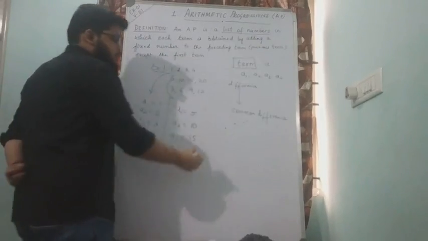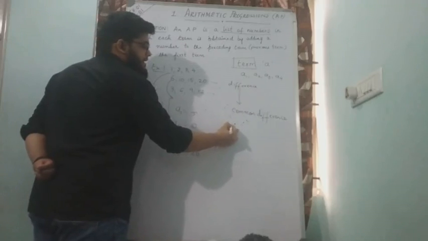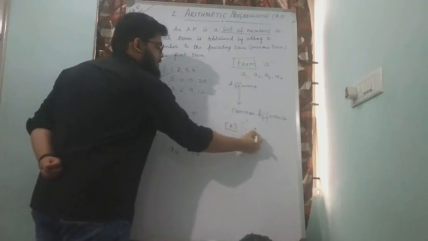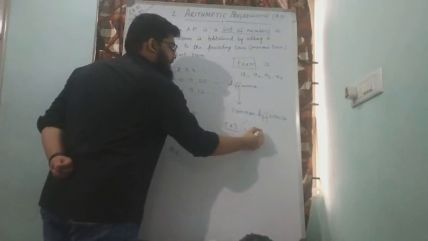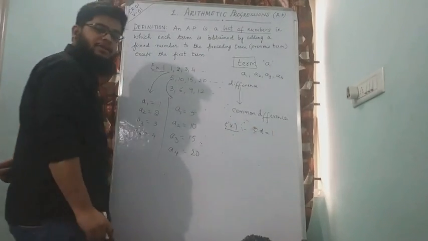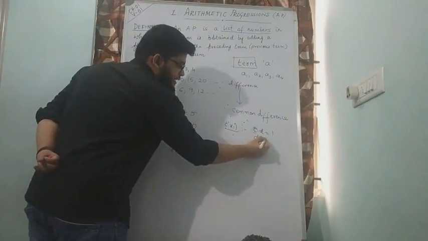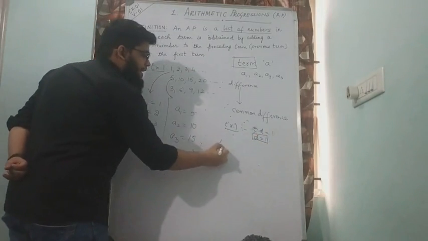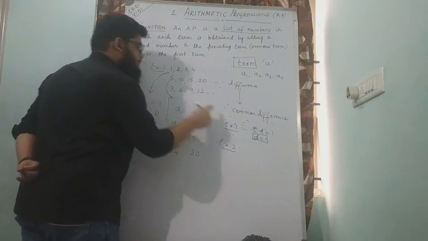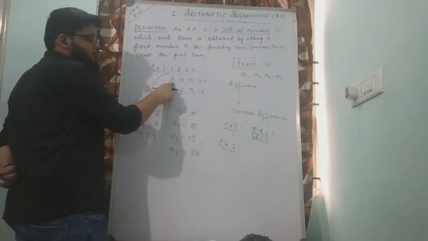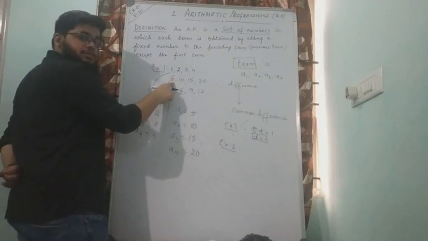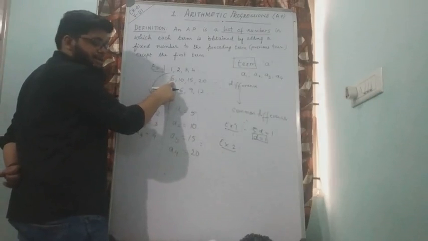So, the common difference in example number 1 is 1. I'll write it as CD. CD is equal to 1, or common difference is equal to 1. CD can also be written as only D, equal to 1. In example number 2, what did you note as the difference? Was it 5? Yes, it was 5.